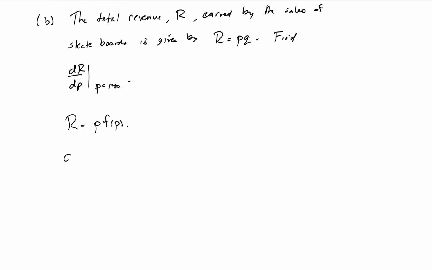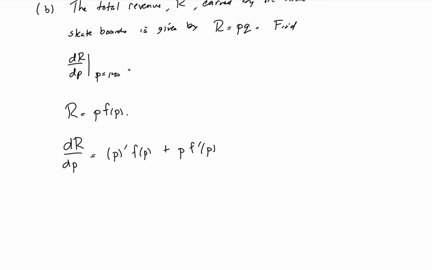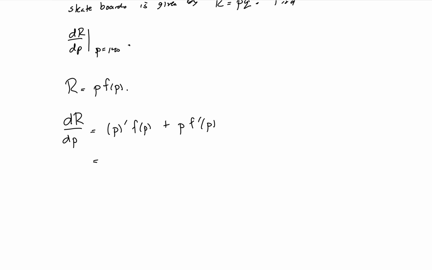So in particular, if we take the derivative of this, we're using the product rule. So this is the derivative of the first times the second plus the first times the derivative of the second. We know the derivative of p with respect to p is just 1, so this is just f of p plus p times f prime of p.